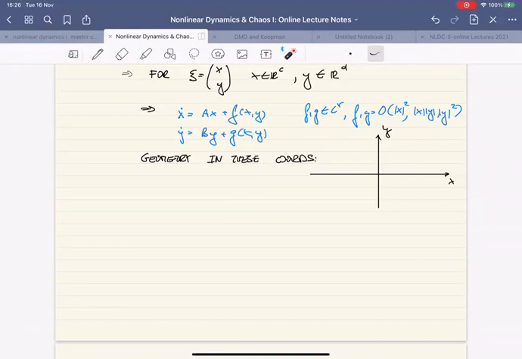So not only did I align the center subspace with the X coordinates, which I'm going to indicate now. So this is EC, but also the Y coordinate is now the span of these two subspaces, EC and EU. So that certainly makes it more convenient to think about things. So this is 0 there.